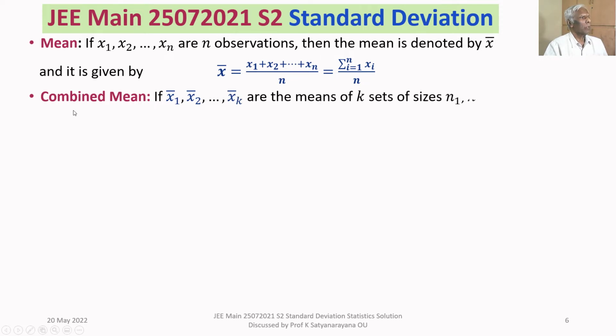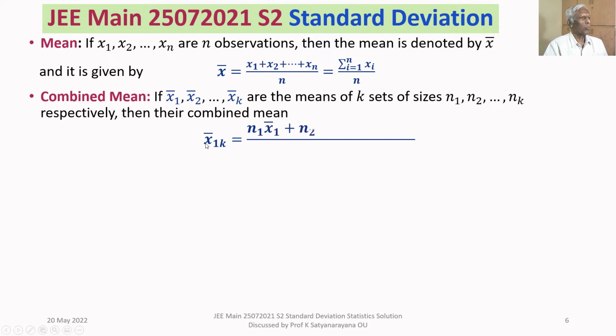And we require the notion of combined mean. If x1 bar, x2 bar, etc., xk bar are the means of k sets of sizes n1, n2, nk respectively, then their combined mean is denoted by x1k bar.